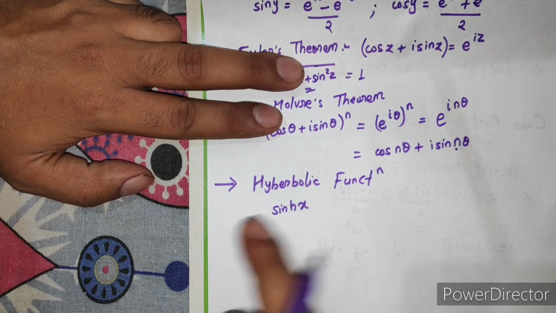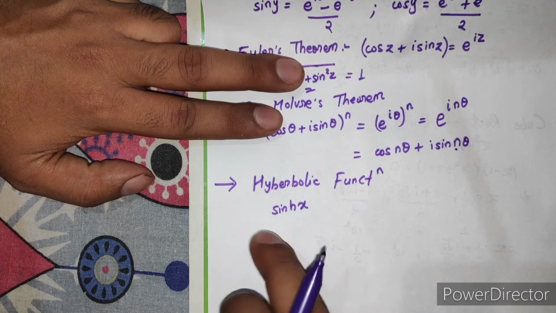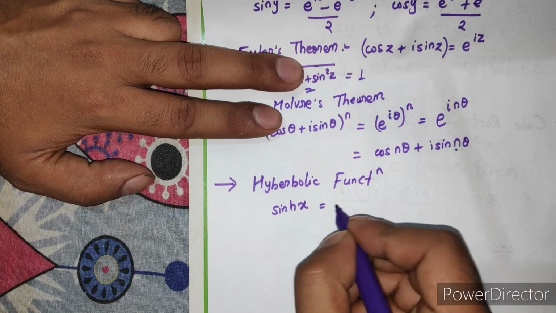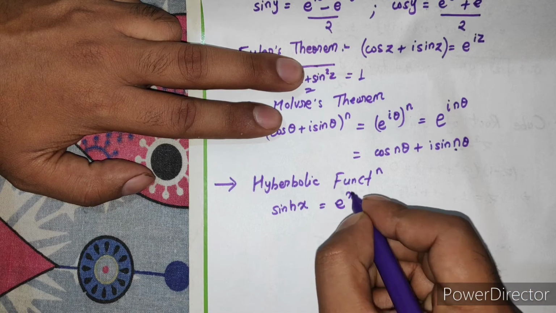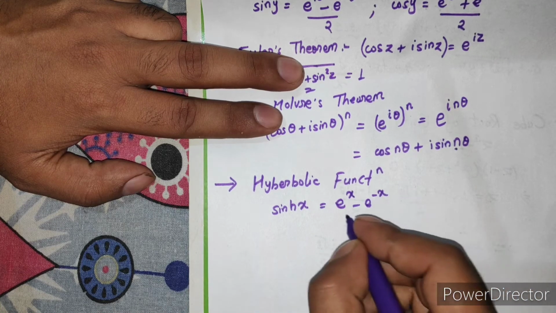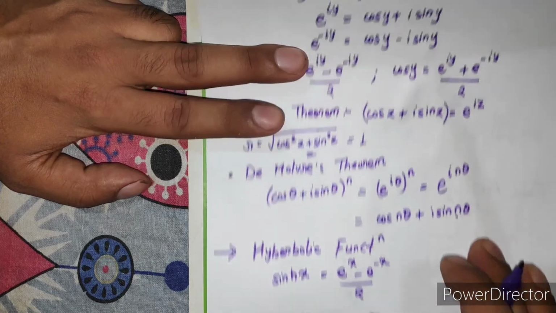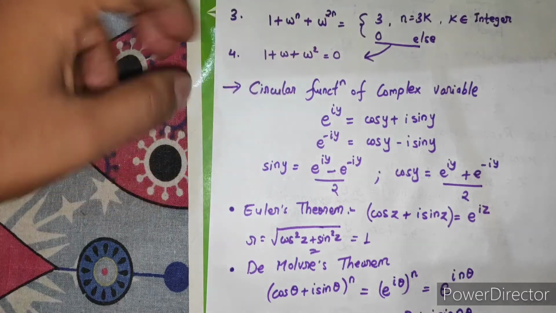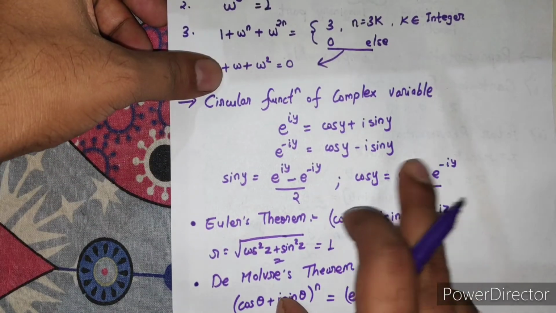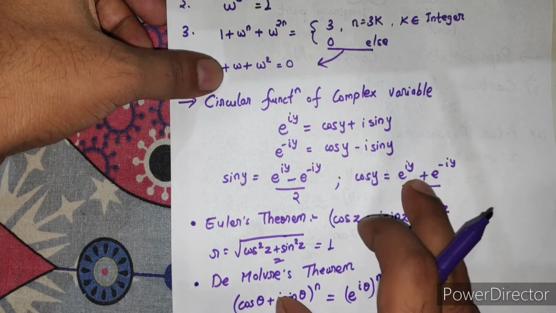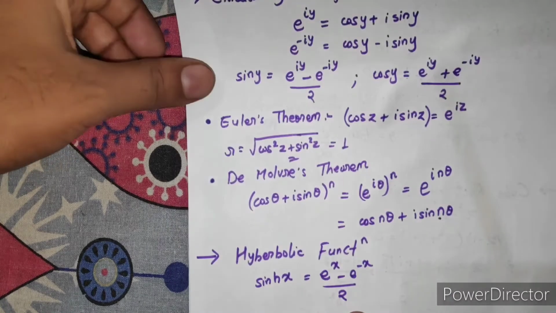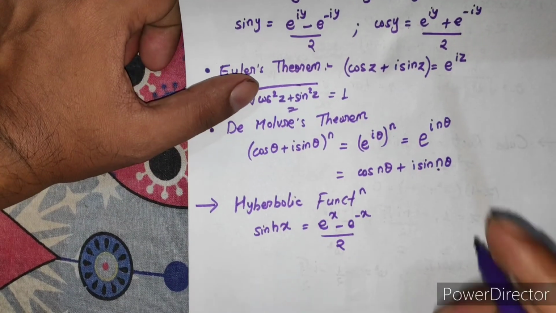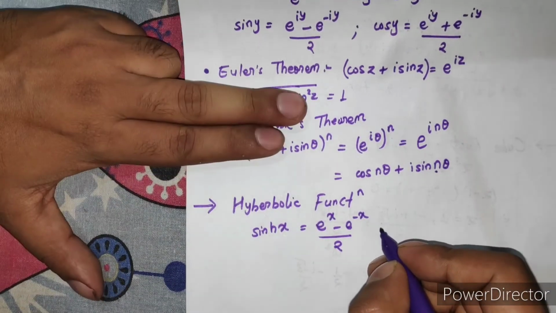You must have come across this term. These are hyperbolic functions. Sinh x is represented with e to the power x minus e to the power minus x. You can correlate this from there. In sine we have minus between e to the power x and e to the power minus x, and in cos both are the same, one is plus, one is minus, and in between there is a plus. You have to correlate these things to memorize them when we implement.